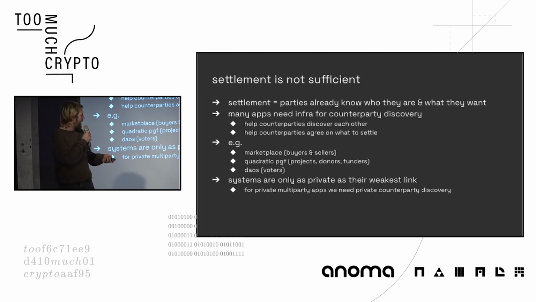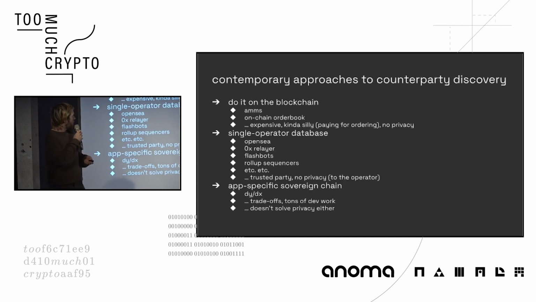So if you do that, in order to find anyone programmatically, you need to reveal some information that allows that search to happen. And systems are only as private as their weakest link. So if we want privacy for these kinds of complex full-stack applications that need to do counterparty discovery as well as settlement, then we need private counterparty discovery. Therefore, Taiga.